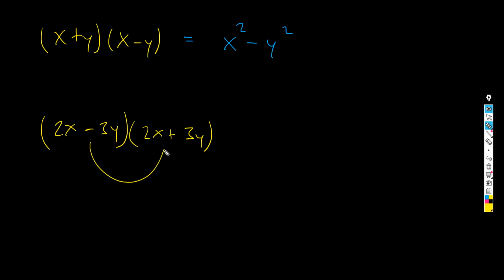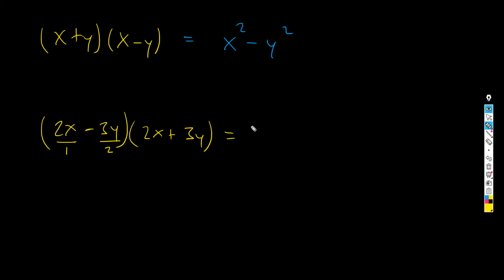Yes, because they only differ in the sign. Can you see? Okay, so I can apply the law, this law. The result of this will be the square of the first number minus the square of the second number. What is my first number? All of these, 2x. What is my second number? All of these, which is 3y.